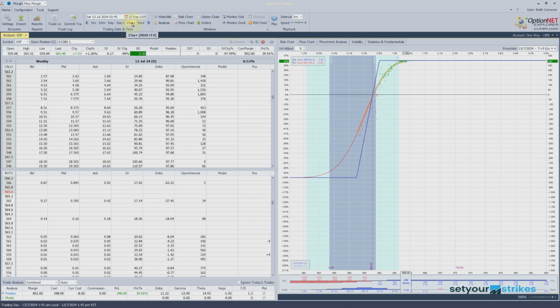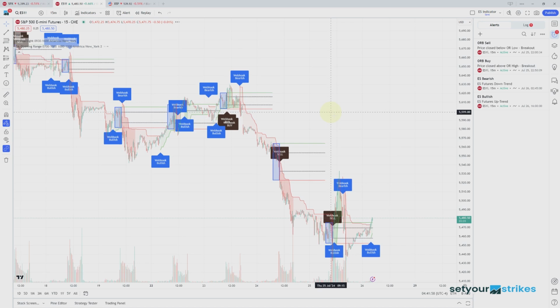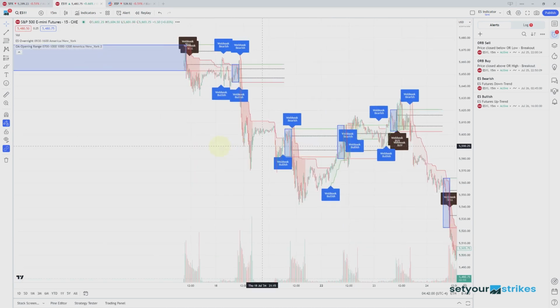Wow, near max profit at 145. Our underlying here is 565.48. Let's look at this one on the actual chart. Going to zoom out and go, what was that, the 12th?